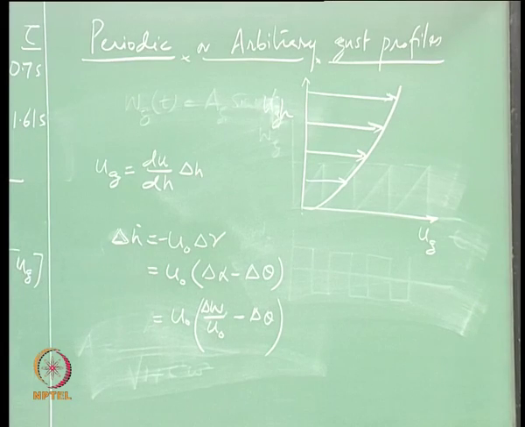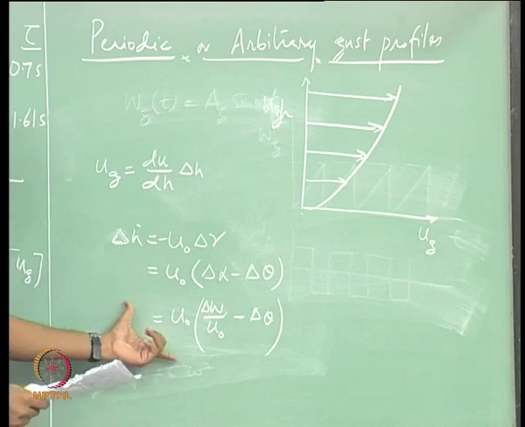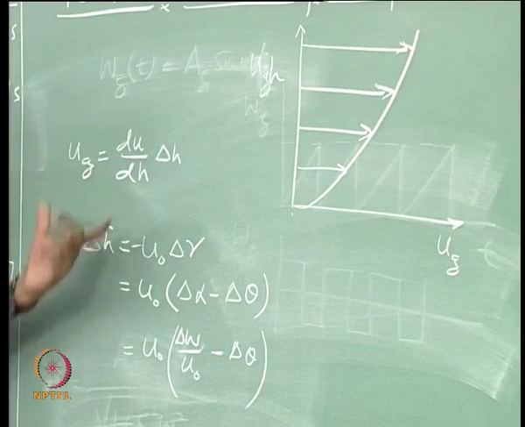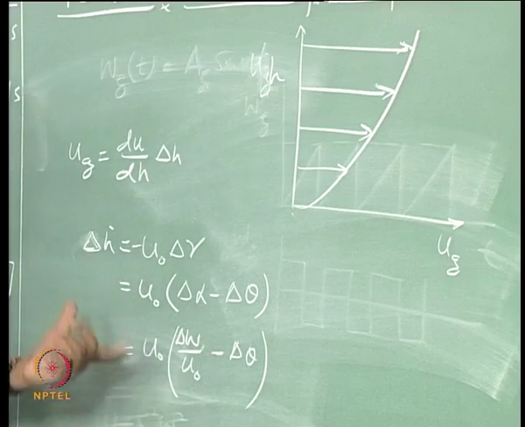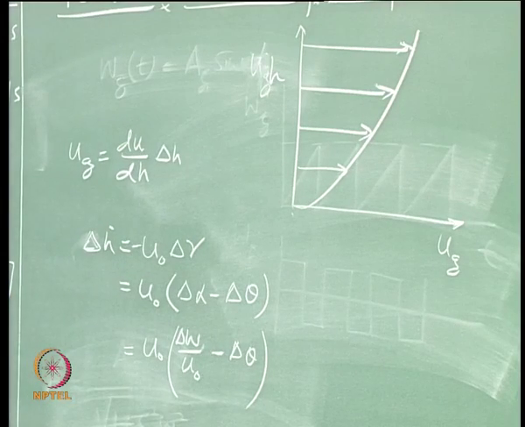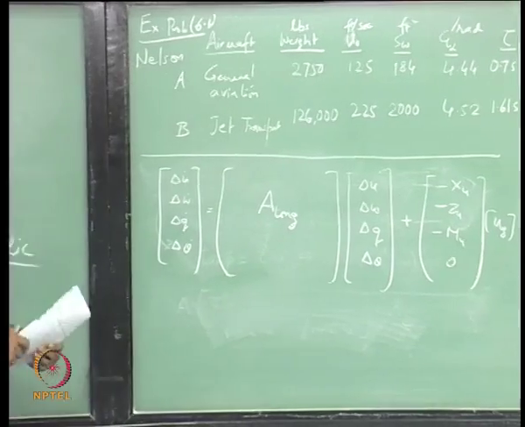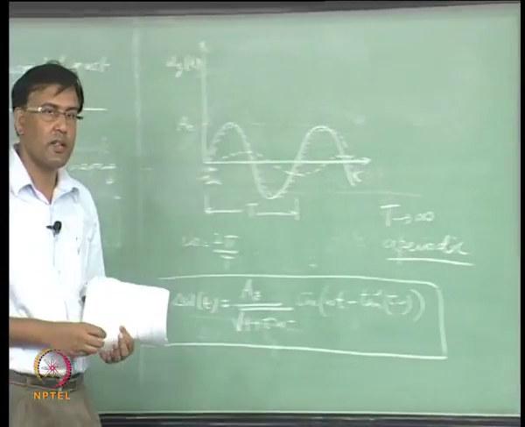So, let us try to include this gust or the wind shear through this equation, try to take that into this A matrix, and then we can look at the eigenvalues.